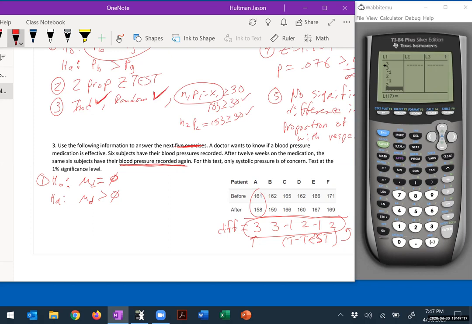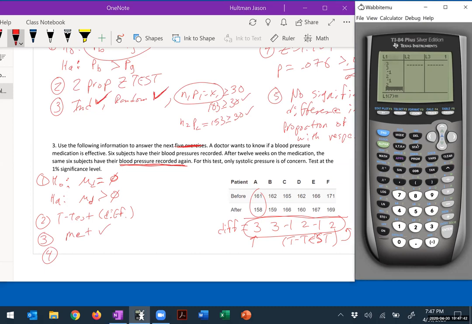So what are we going to do here? We're going to do a t-test, but a t-test on the differences. Number 3, we're going to assume that all conditions are met. Number 4, we're going to actually run these values.